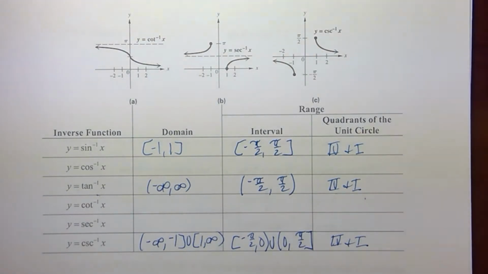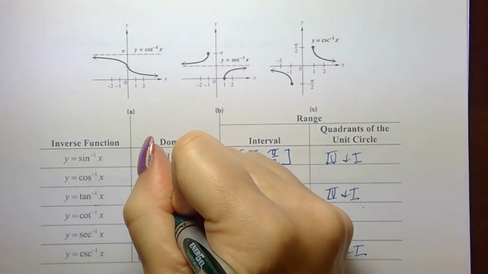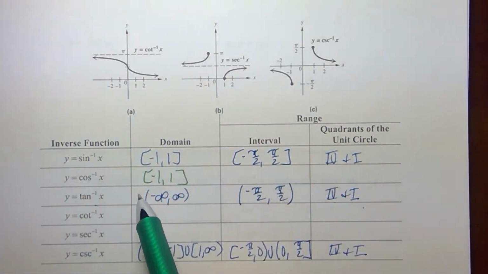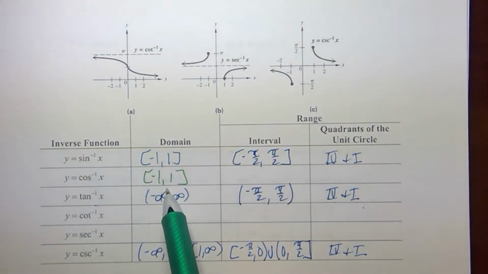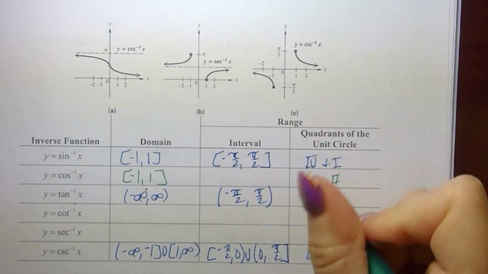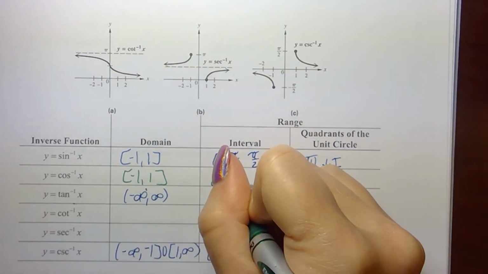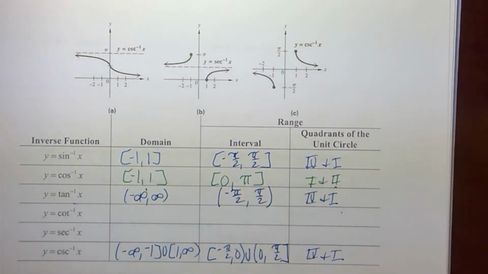All right, now let's look at cosine inverse. Cosine inverse also has a domain -1 to 1 because that's my cosine function values that work. It is restricted though to quadrants 1 and 2. Cosine is positive in quadrant 1, negative in quadrant 2. So that is from 0 to pi. Cosine is x over r. Cotangent is x over y.